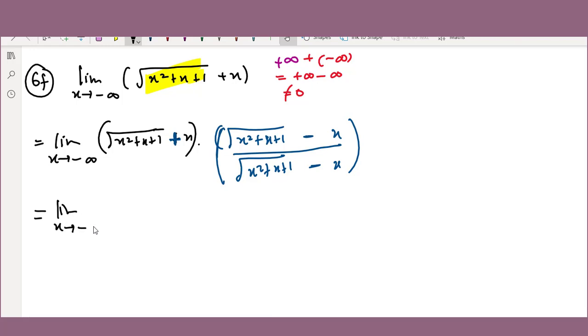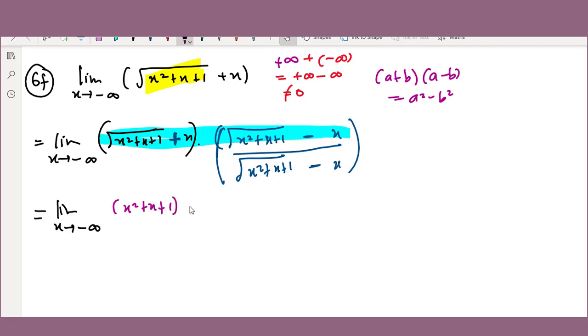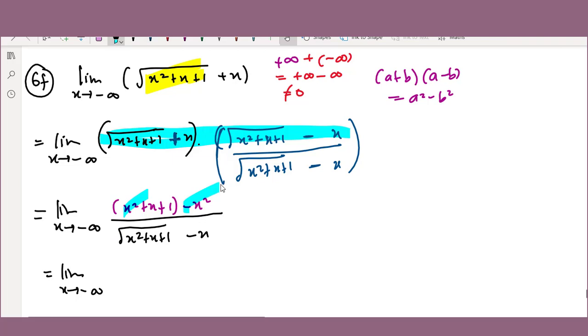Limit as x approaches negative infinity. For this one, the conjugate, you use the concept of a plus b times a minus b is equal to a squared minus b squared. So this is x squared plus x plus 1 minus x squared, over the square root of x squared plus x plus 1 minus x. Then simplify. X squared cancels.